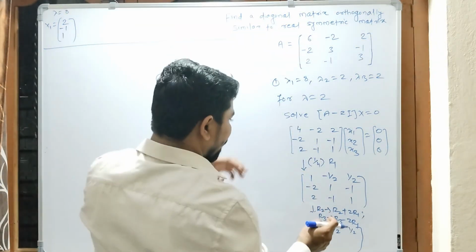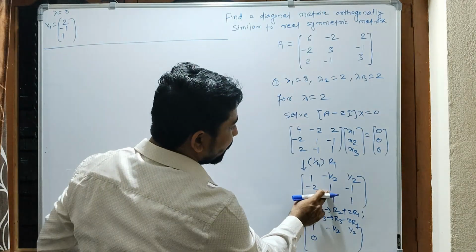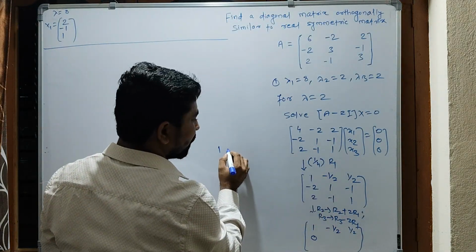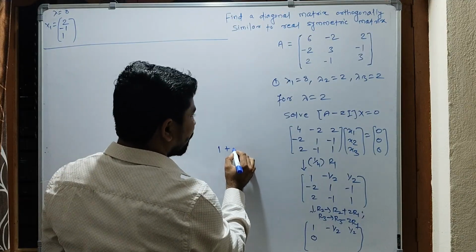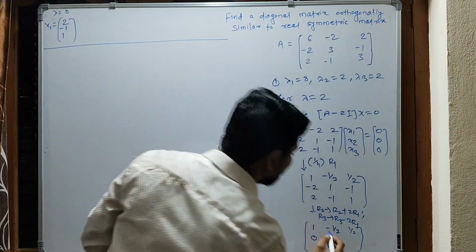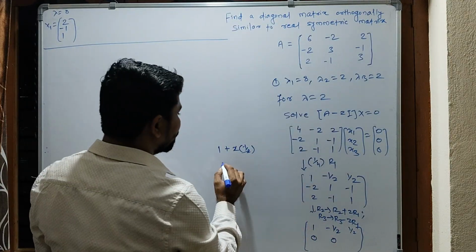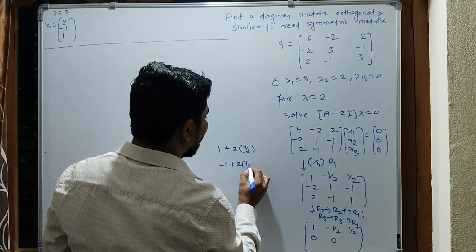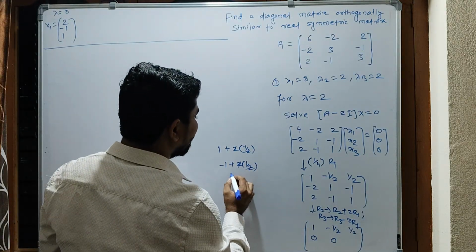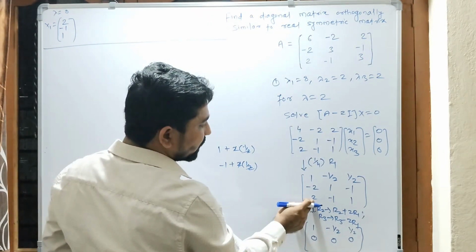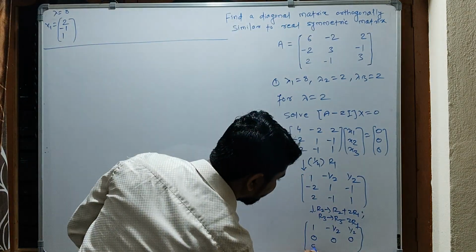Now this is 1 plus 2 times minus 1 by 2, so 1 minus 1 is 0. Now this is minus 1 plus 2 times 1 by 2. The 2 gets cancelled, minus 1 plus 1 is 0. So this is also 0. Now 2 minus 2 times 1 is 0.